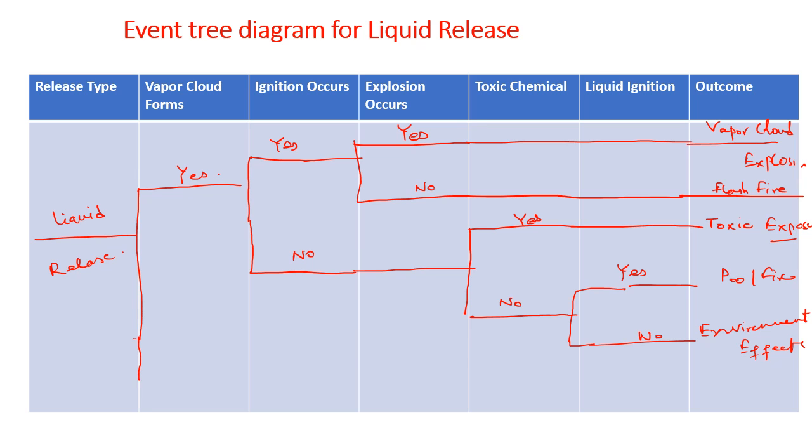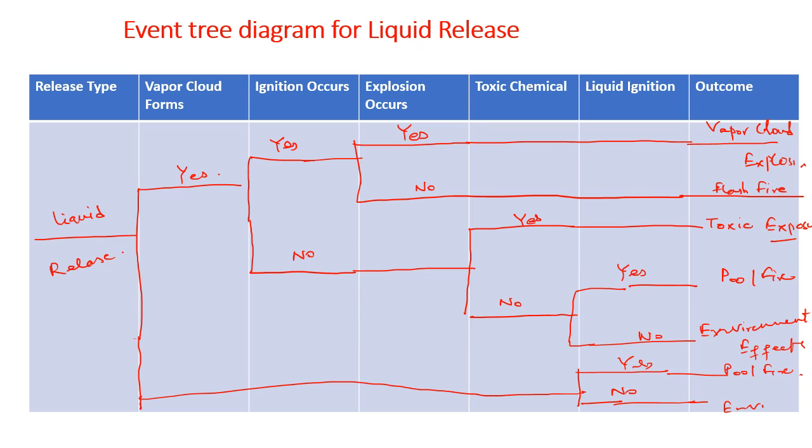And if the vapor cloud does not form, in that case this kind of situation will not happen. But at the final stage, it may catch fire or it may not catch fire. Depending on the two situations, it may cause pool fire. So again, here it may cause pool fire, and here there is environmental effect.